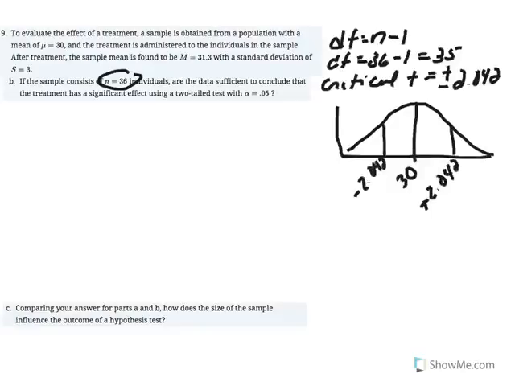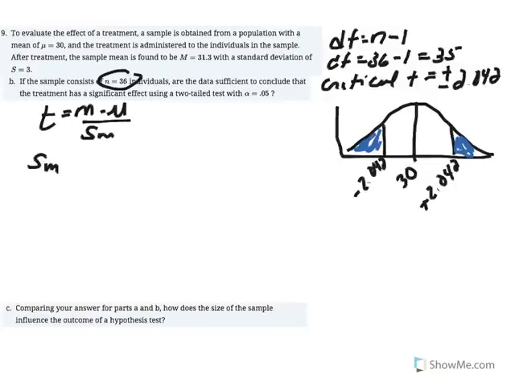We're going to calculate our t-statistic to see if we fall in the critical region of our distribution. The t-statistic is M minus mu, the mean difference, divided by our estimated standard error.